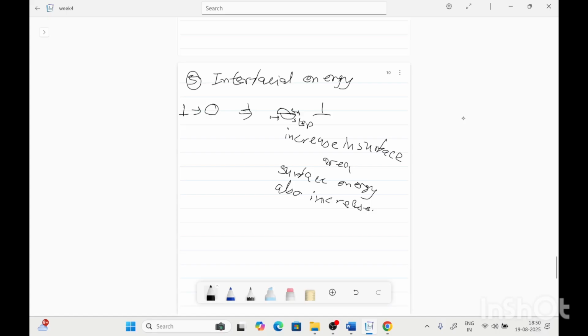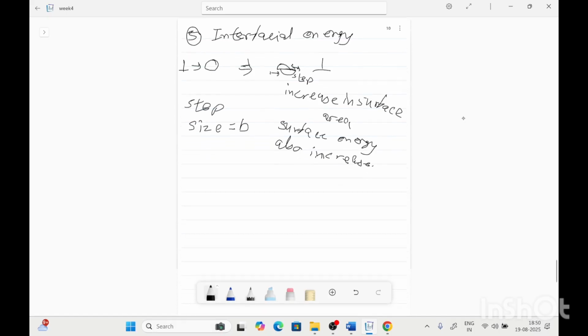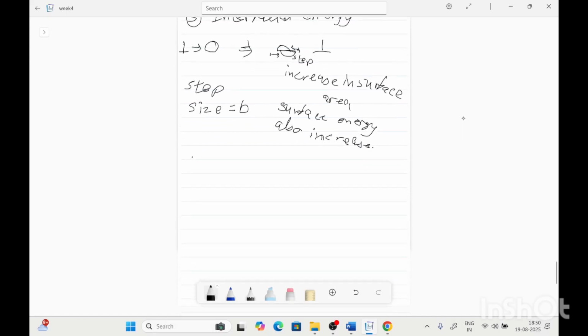And one more thing is that the step creation is equal to the Burgers vector of the dislocation. So the step size is generally equal to the Burgers vector of the dislocation. So the stress change can be given as 2 square root of sigma divided by pi, then gamma s and f by r.